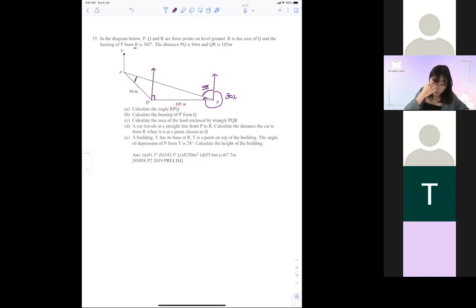So let's see. I know that this is 90 degree. So first thing, before I find this one, I can't use sine rule because this is a non-right angle triangle. You have the opposite, but you don't have this length. You don't have this angle.